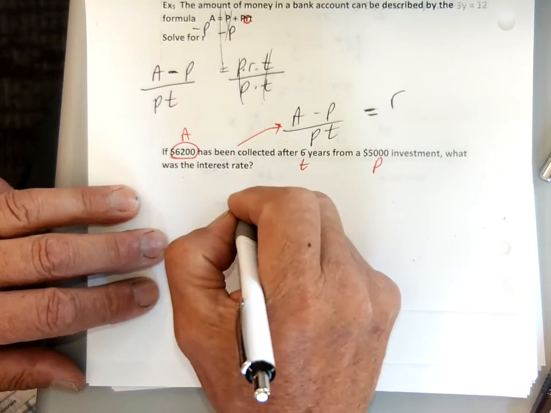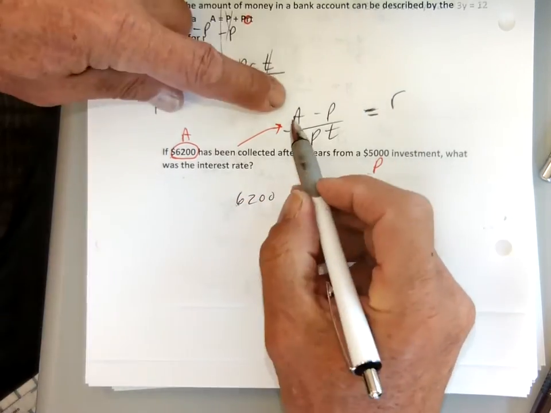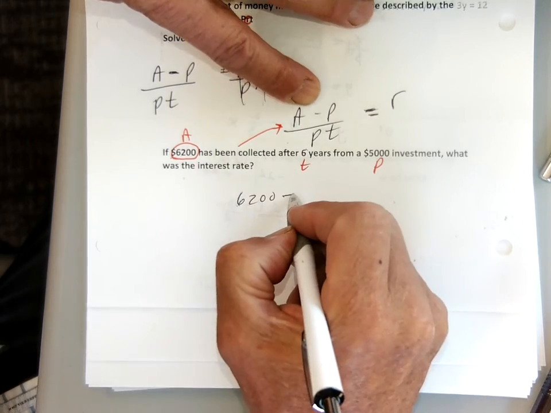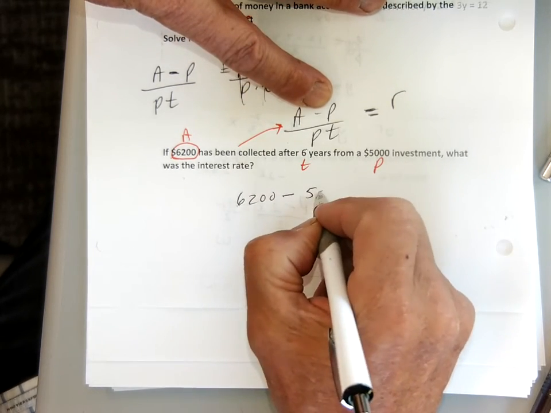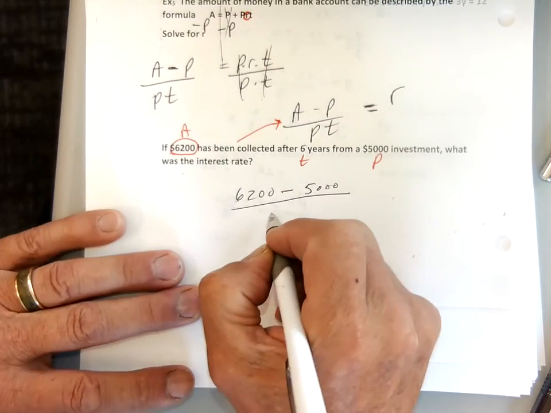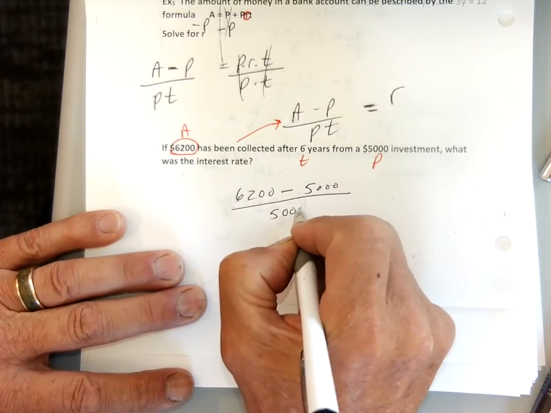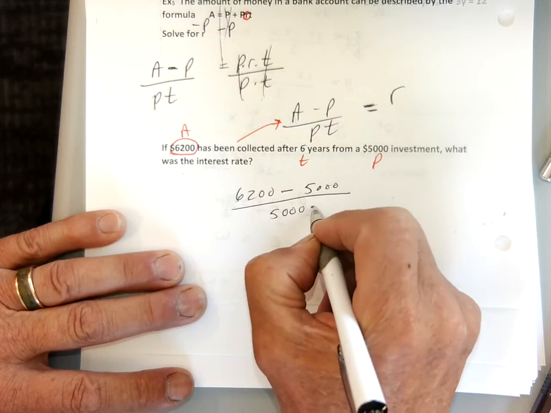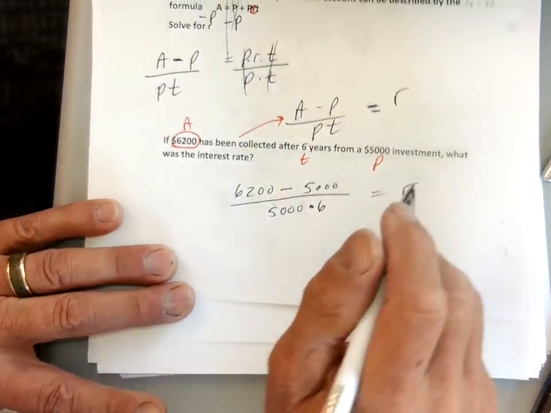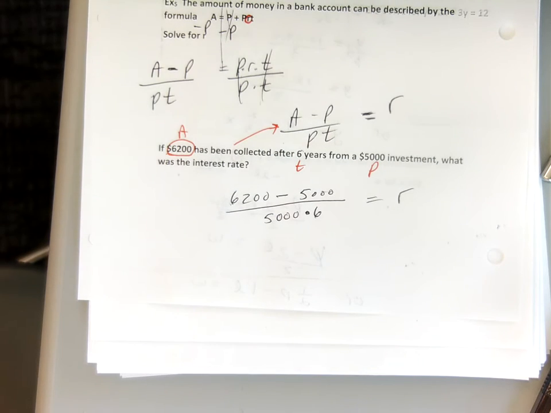Watch what I'm going to do. I'm going to go 6,200, because that's A, right in here, minus P, which is my 5,000, divided by P, which is my 5,000, times my 6 equals my R. One more time so everybody sees it.